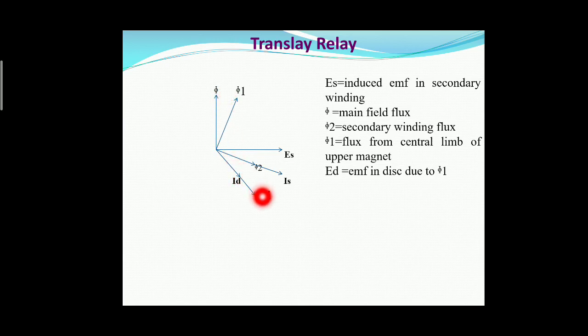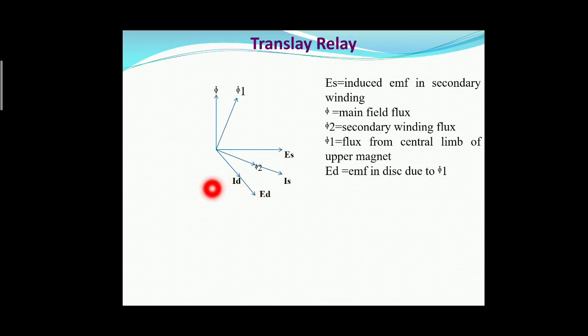Because of phi 1, the EMF ED is induced in the disc. The current ID is in phase with the ED. ID is the current due to the EMF induced in the disc by phi 1, and the ID and ED are in phase.